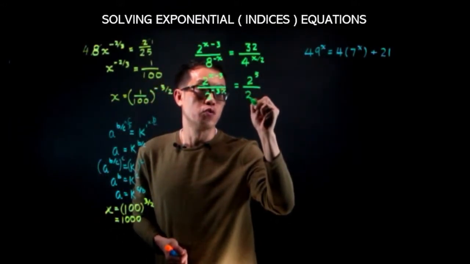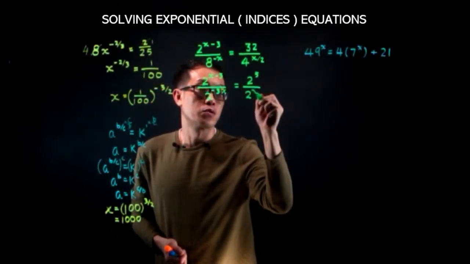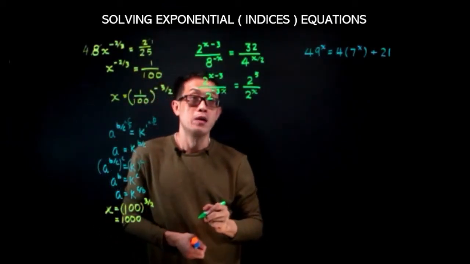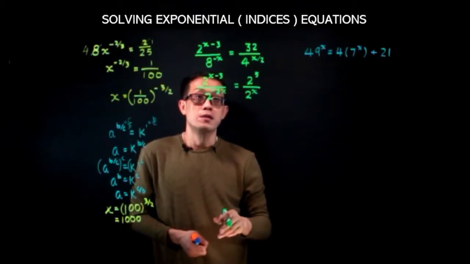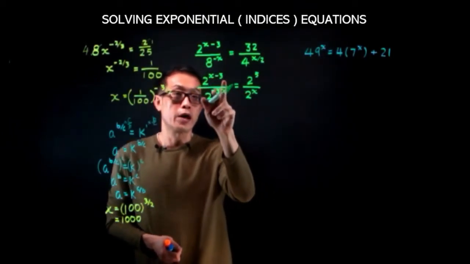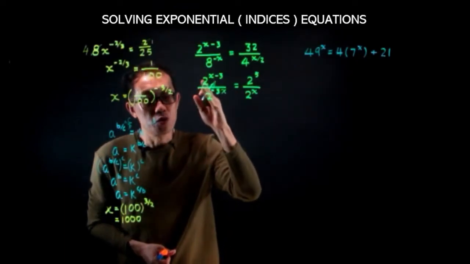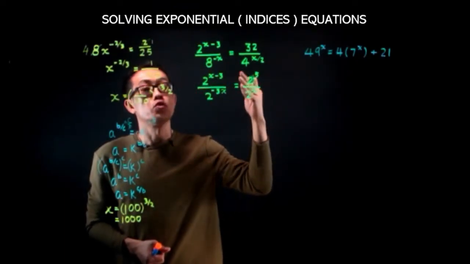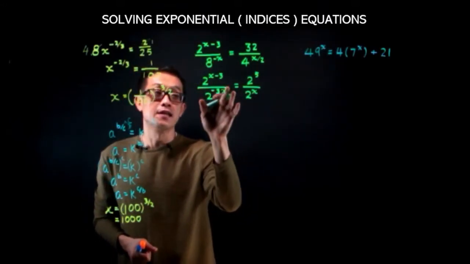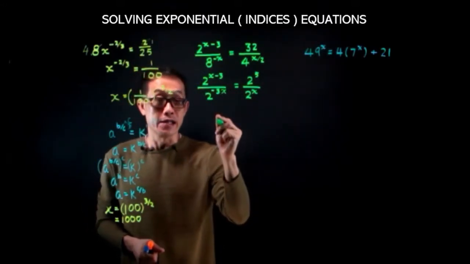So I am left with 2 to the power of x here. Now, so you can do a cross multiply. So this 2 to the power of x minus 3 times 2 to the power of x. Now, the bases are the same, so you can add the indices.